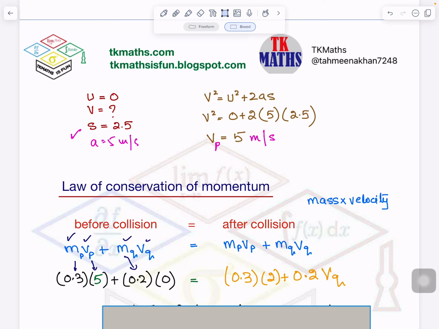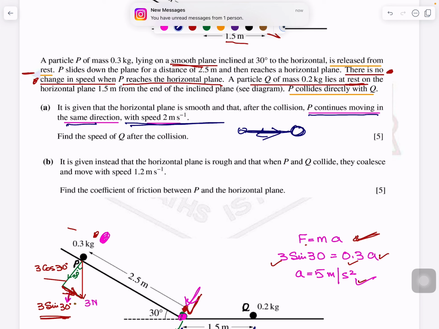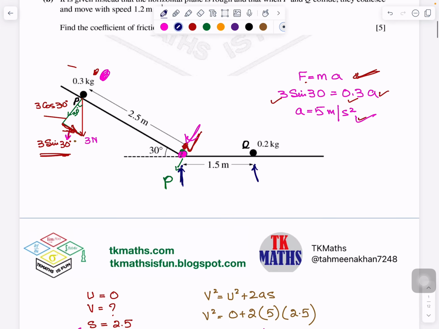If you see here, after the collision, velocity of P is 2, which is given to you in the question here. You can see here this line because it was written after the collision P continues moving in the same direction, because sometimes when the particles collide, it reverses. So that depends on the question what is given. So right now it is moving in the same direction. So particle P will keep moving here, and of course after the hit, Q will also start moving.